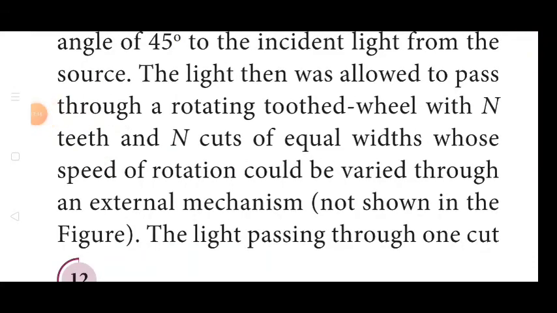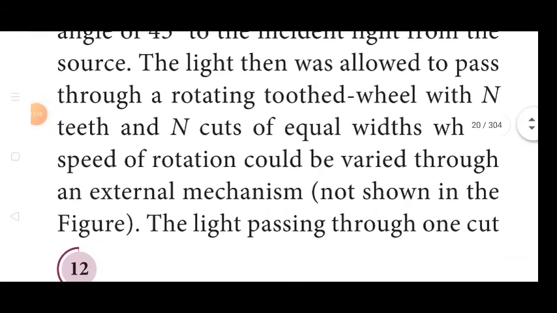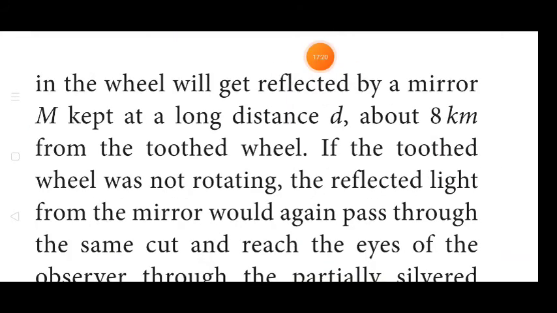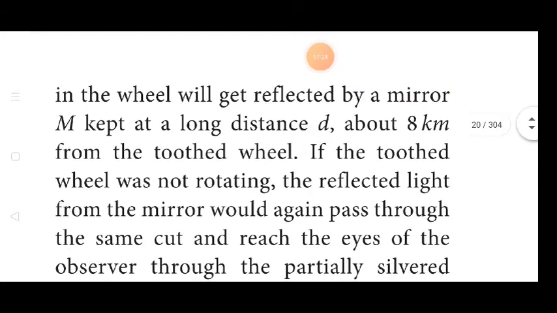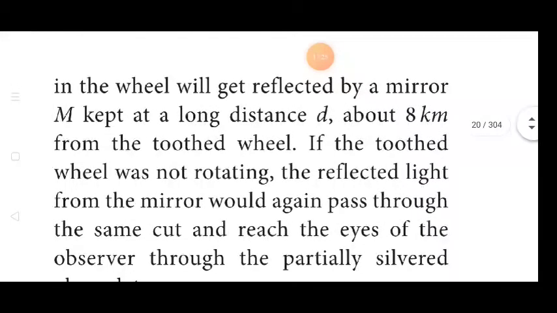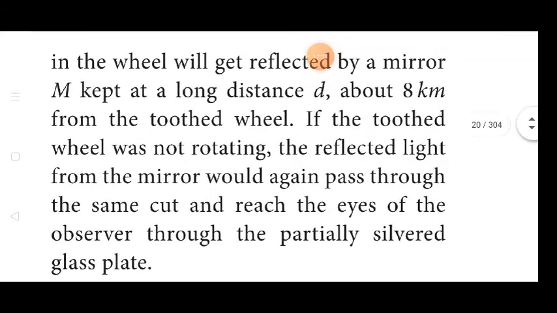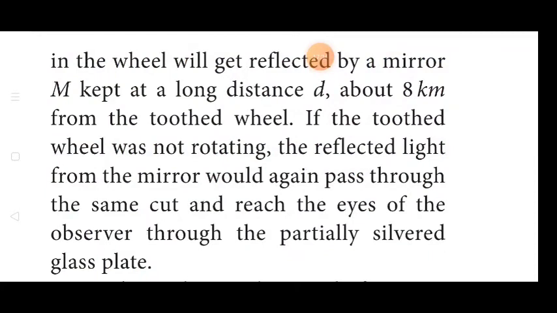The light passing through one cut in the wheel will get reflected by a mirror M kept at a long distance D, about 8 km from the toothed wheel. If the toothed wheel was not rotating, the reflected light from the mirror would again pass through the same cut and reach the eyes of the observer through the partially silvered glass plate.